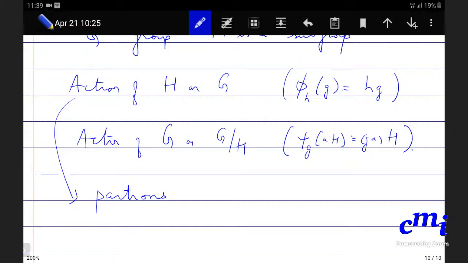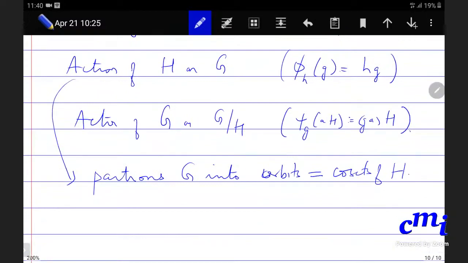So it partitions G into orbits, but these are just cosets of H. Okay. So is that trivial? It's just the definition. Are the orbits the same as the cosets of H? Is that your question? Yeah. Is it just that you have to check? Okay.